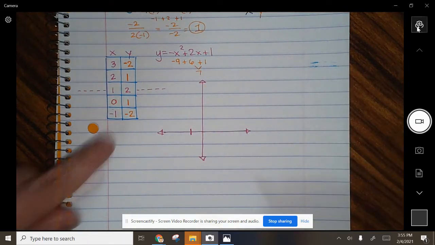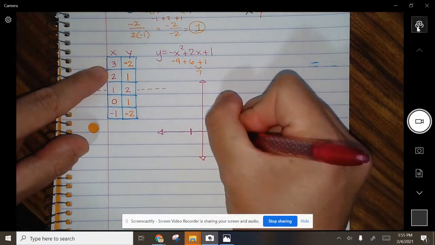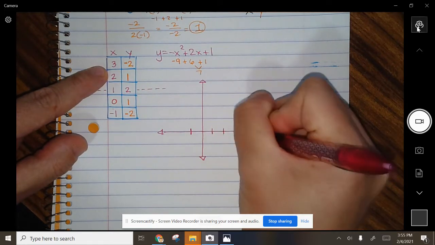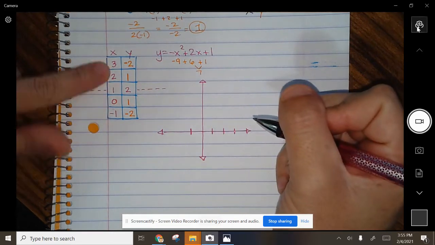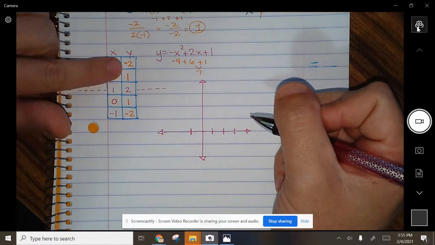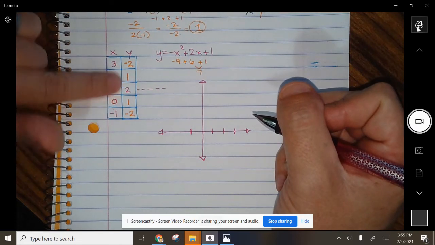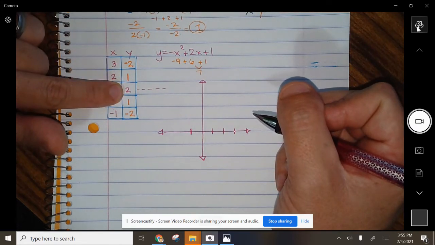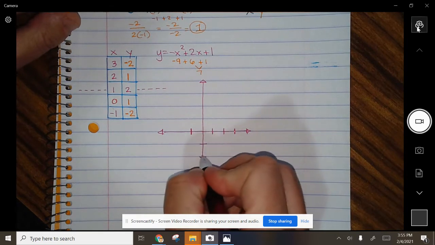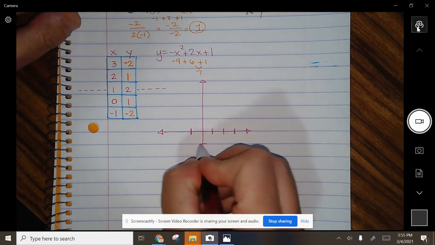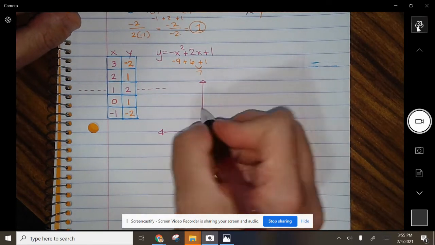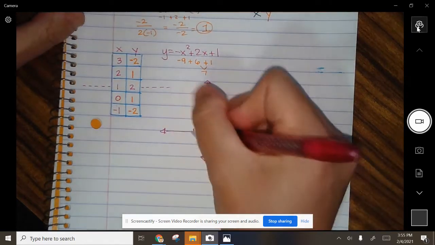All right, that x, and then all the way to 3. So I'm going to go 1, 2, 3. I think this is important that you just understand your x and y axis. Your y axis is going to go from negative 2 all the way to positive 2. Okay? Negative 1, negative 2, positive 1, positive 2. Okay?